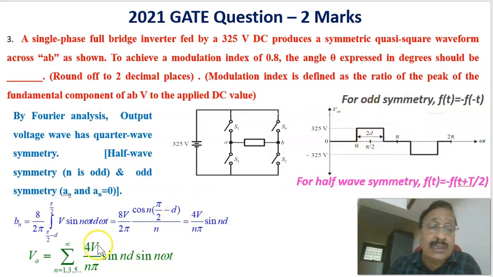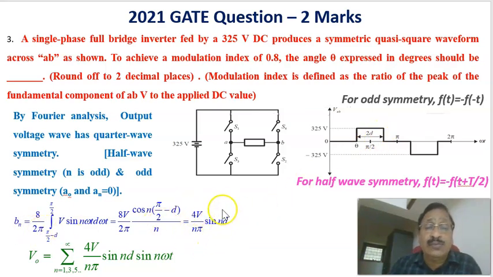Because of these two properties, we integrate only up to pi by 2 of V sin n omega t d omega t, and we get Bn equal to 4V by n pi into sin nd, where 2d is the width of that pulse. Therefore this is the equation for Bn.